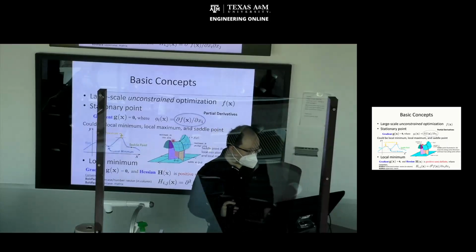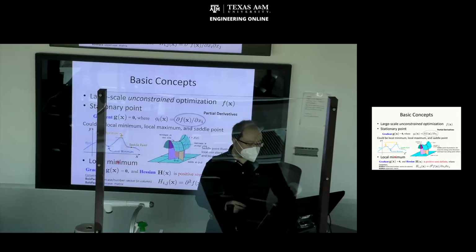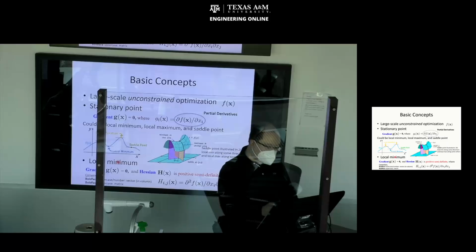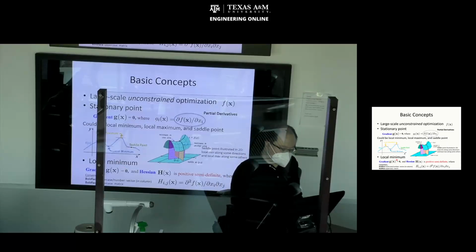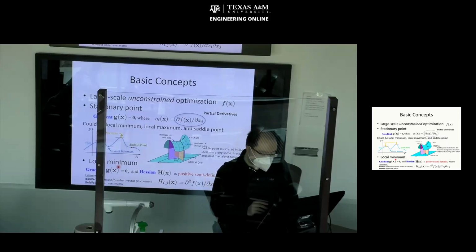Now, as we said, some of the stationary points are local minima that we are interested in. In the case of a local minimum, first, it's a stationary point, so the gradient has to be 0. But not all stationary points are local minima. So which ones are?